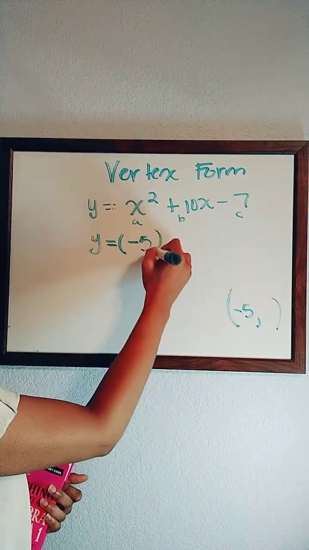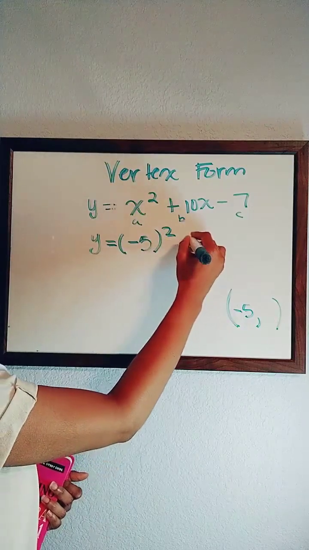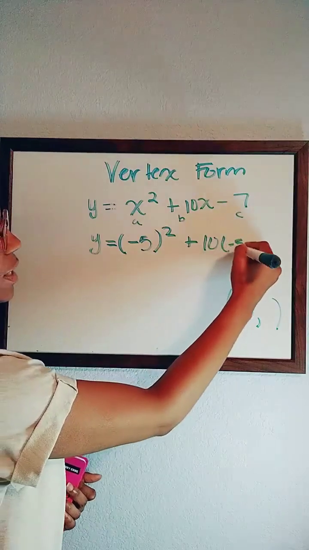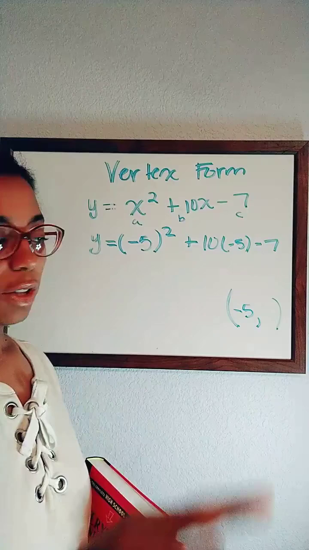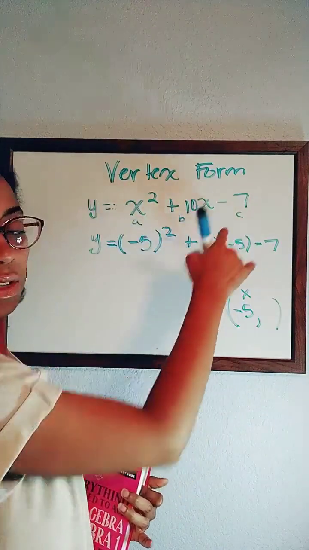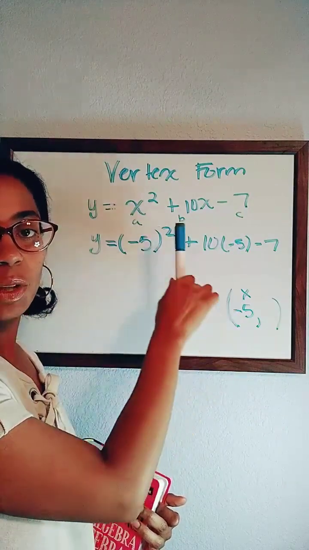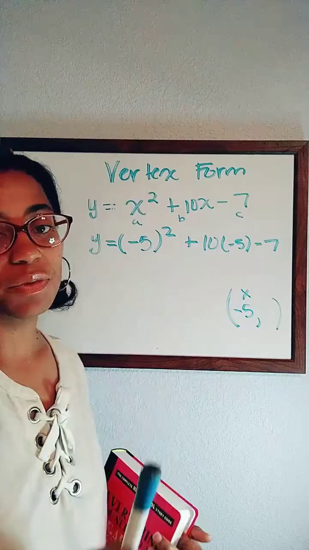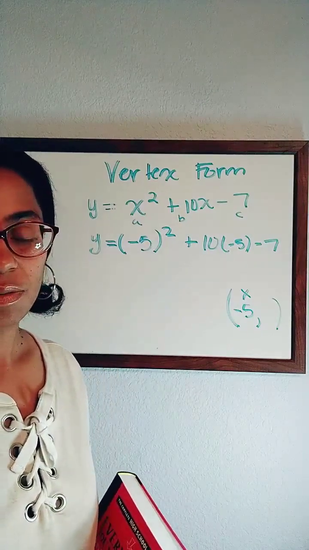Always use parentheses when I'm inserting a negative into the equation, plus 10 times -5 minus 7. Go ahead and simplify that. Everywhere you see an x, you're going to put a -5 because that tells me that x is equal to -5. So I'm going to replace every x with a -5 and always use parentheses when inserting a negative.